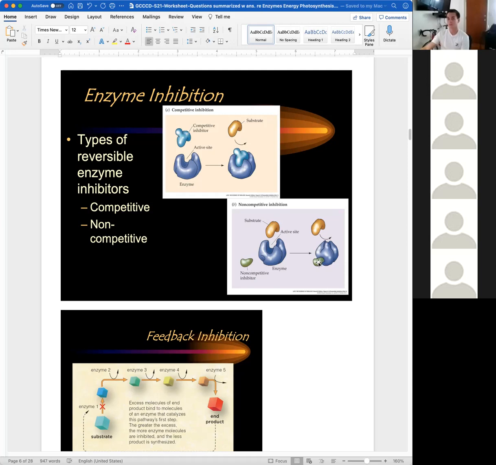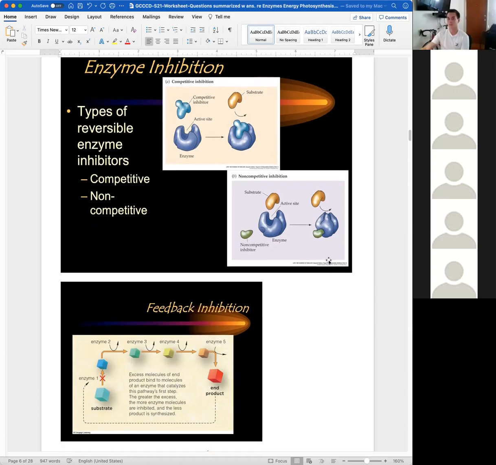So it's not competing with the substrate, but what it does is change the shape of the enzyme so that the substrate doesn't fit anymore. So competitive and non-competitive achieve the same end. The substrate is not acted upon, but in two different ways. One by competing, the other by changing the shape of the enzyme.